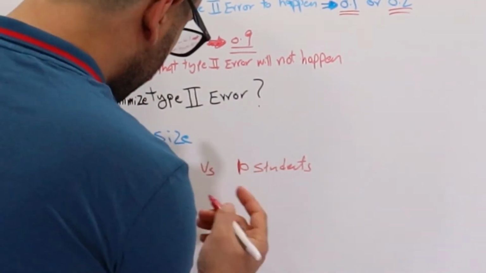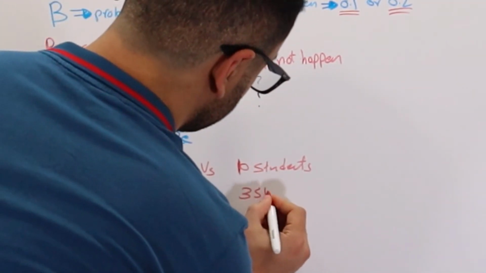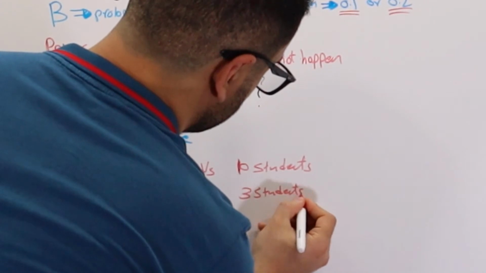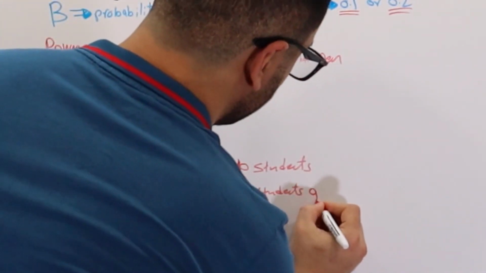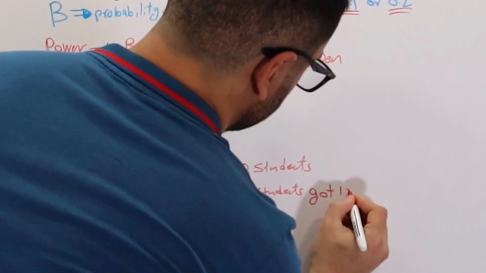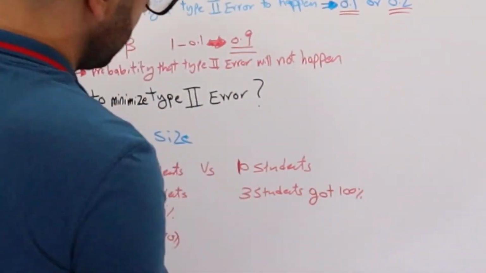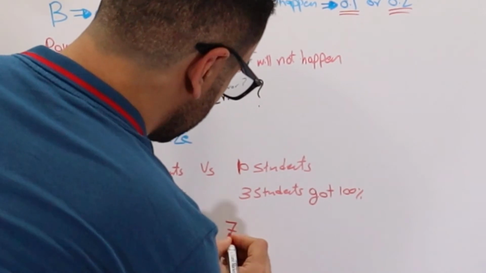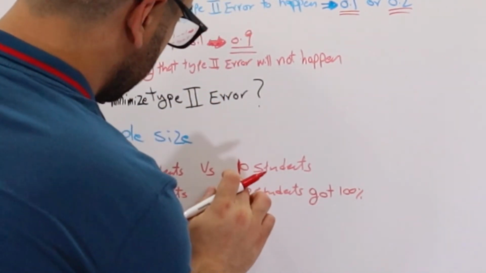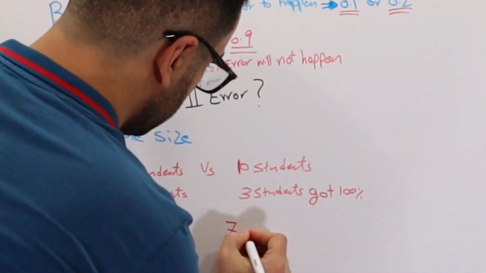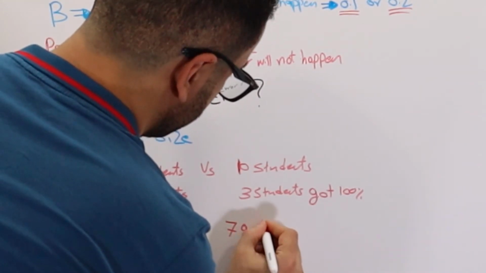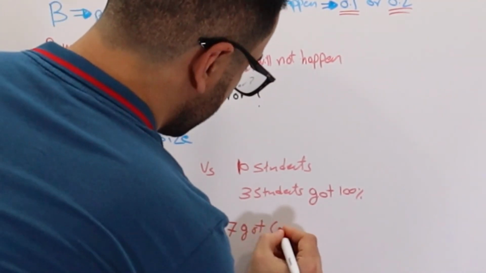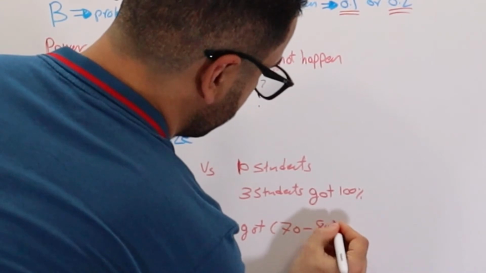And what happened, same thing happened. 3 students got 100% on their exam. Therefore, 7 students, the left from the total, got 70 to 80.